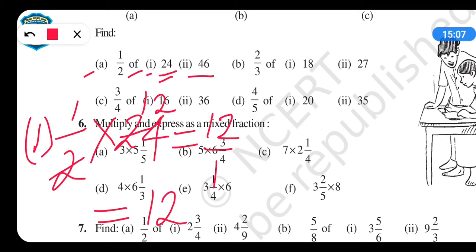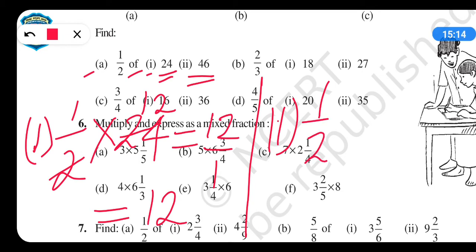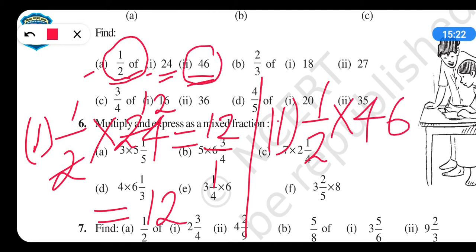Now let us see the second part. Second part is 1 upon 2 of 46. Now solve it. Cancel, 2 1 ja 2 and it is 23.